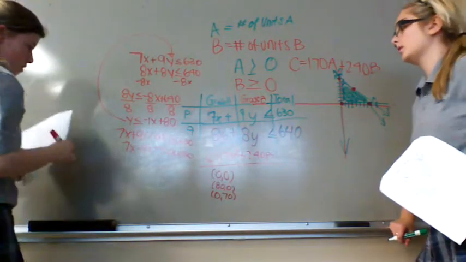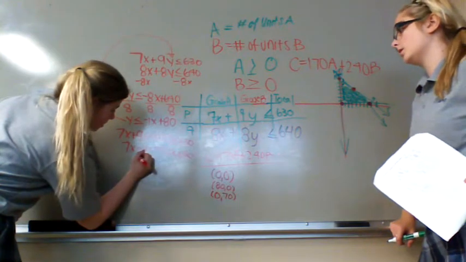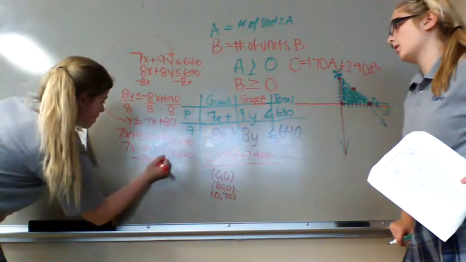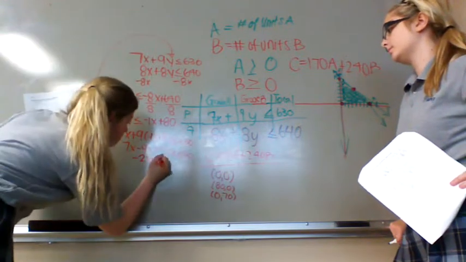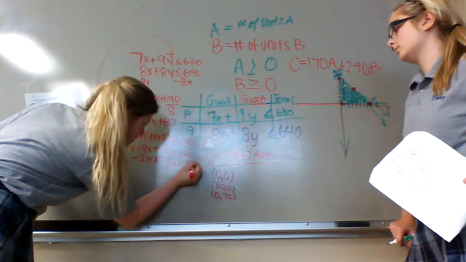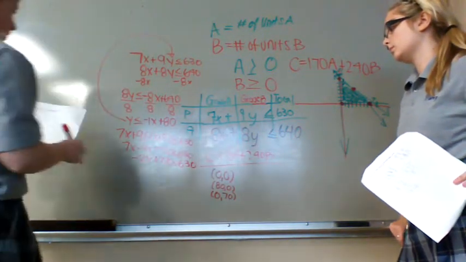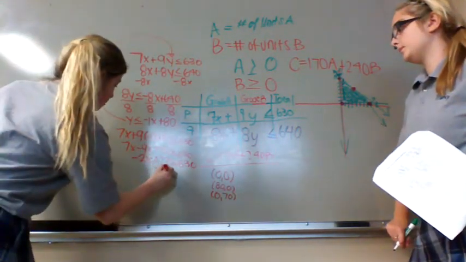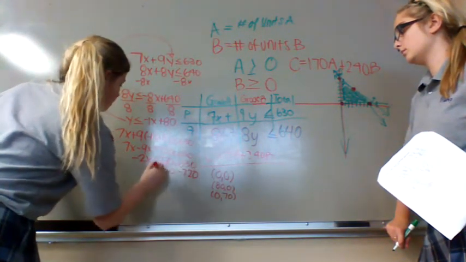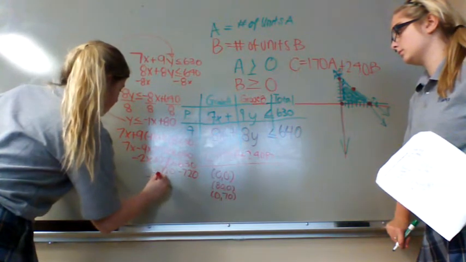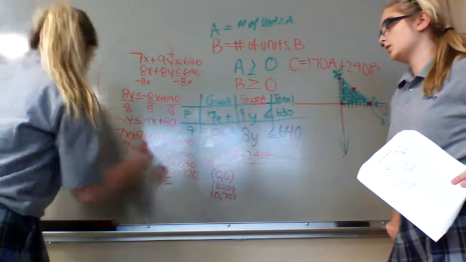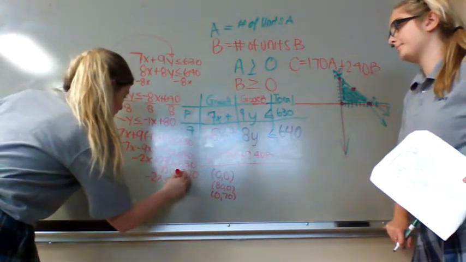They both have x, so that becomes negative 2x plus 720 is less than or equal to 630. Then we subtract the 720 on both sides, and that cancels, and negative 2x is less than or equal to negative 90.